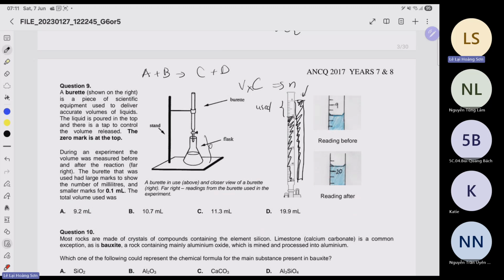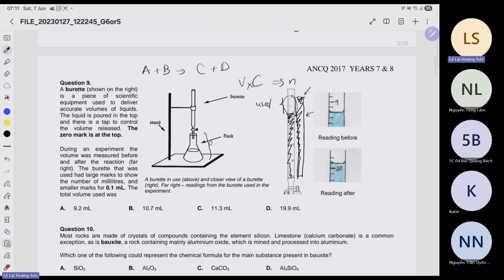It's very easy. You just take the final reading minus the initial reading, and it will give you the volume of solution that you actually used. For every single mark, it corresponds to 0.1 milliliter. Here you have 9, so it's 9.1, 9.2. At this point, you have 9.2.